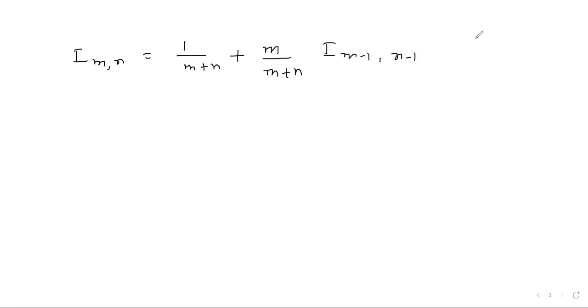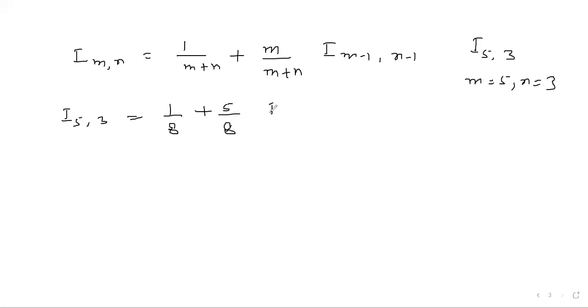Now we need I_(5,3). It means m equal to 5, n equal to 3. So I_(5,3) will be equal to 1 upon 8 plus 5 upon 8, and here m minus 1 means 4 and n minus 1 becomes 2, so I_(4,2).